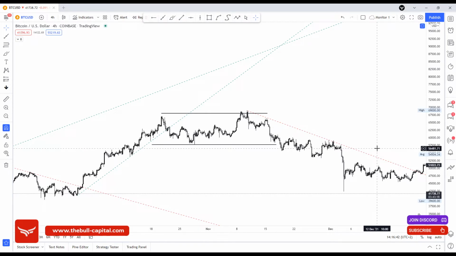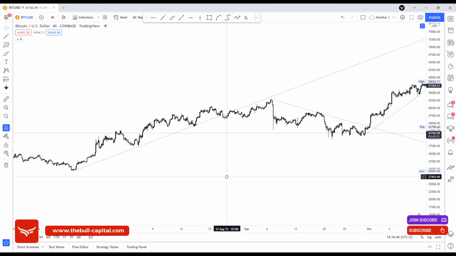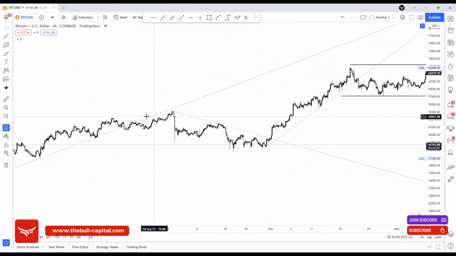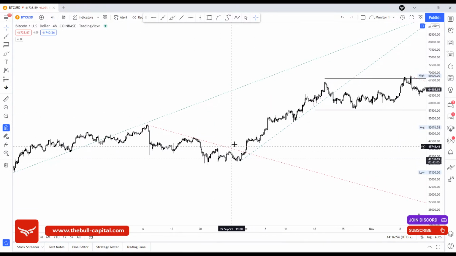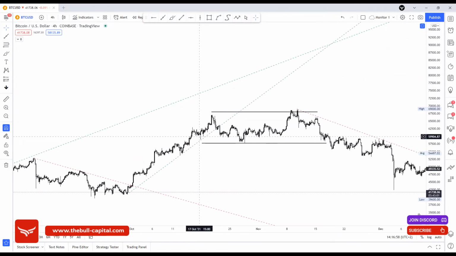As you see, we had an uptrend, we broke the uptrend, we formed a downtrend, we broke the downtrend, we formed another uptrend, then we broke it and it formed a sideways trend, which means a pause in the market, a continuation of the trend.